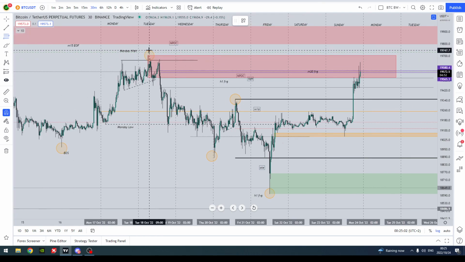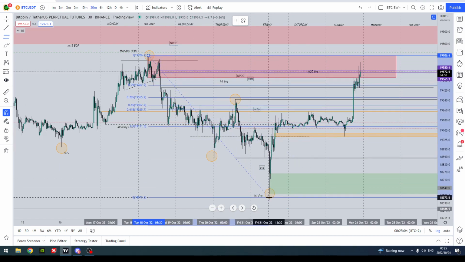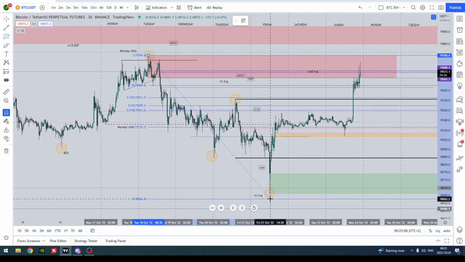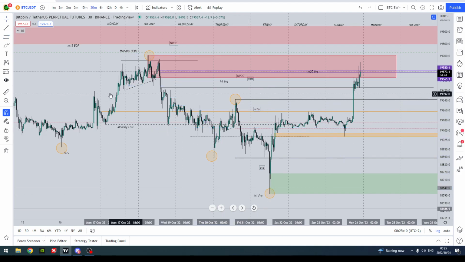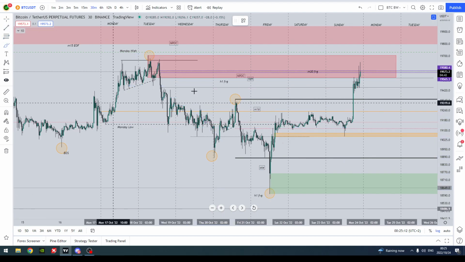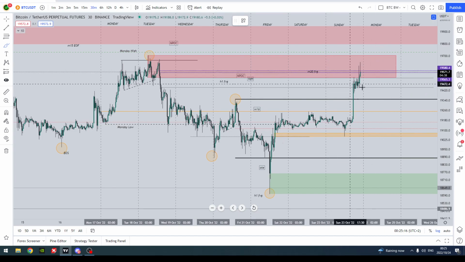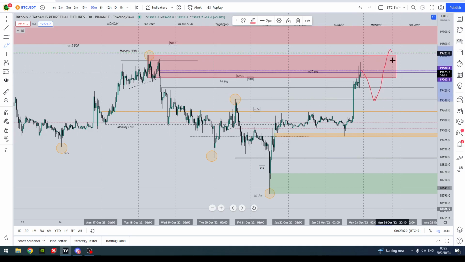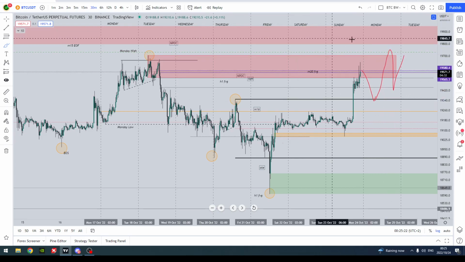Let's just see what the pullback on this is. Above the 79, probably around the 88%. So that's pushing the limits there, but this is sort of a scalp short area, but I wouldn't do that right now until we start to see a break of structure.